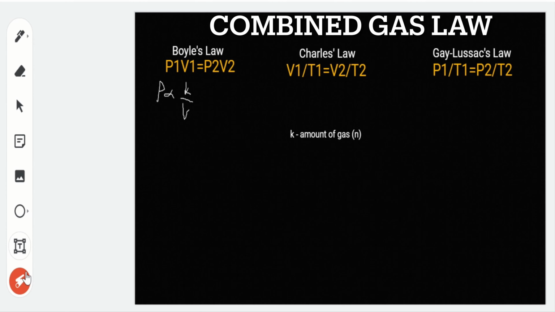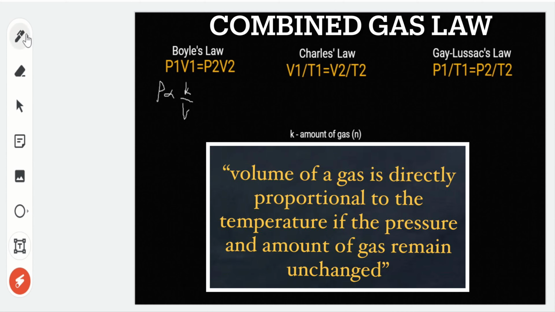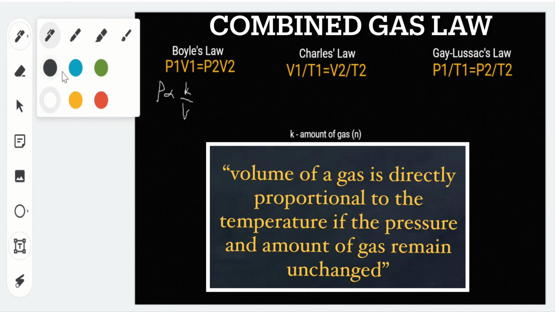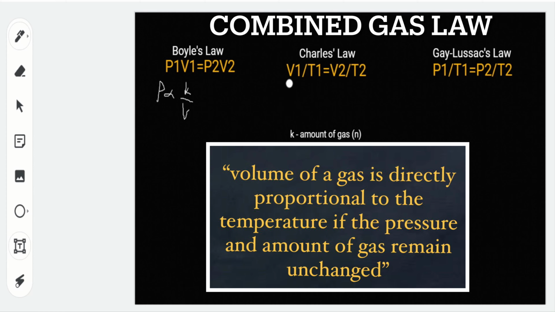In Charles' law, what we have is a directly proportional relationship between volume and temperature of a gas. What do we mean by that? Volume is directly proportional to temperature, again at constant pressure and the same amount of gas.